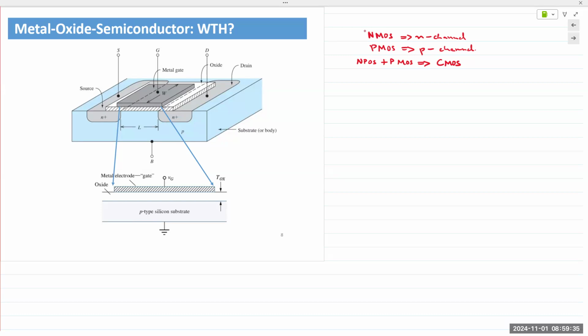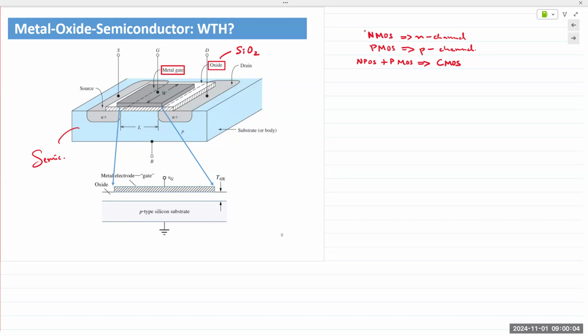Anyway, so metal oxide semiconductor. The name comes from the fact that you have a semiconductor, which is right here. Then you have an insulating material, typically silicon dioxide. So this is SiO2, silicon dioxide. And then you have a metal gate on top, or gate terminal, that is constructed out of some sort of metal.